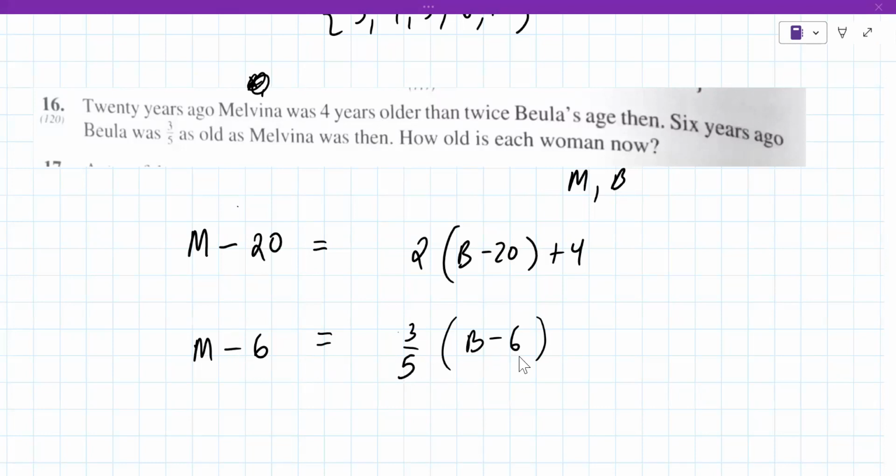Beulah was 3/5 as old. I'm sorry, I'm running into a little problem here. No worries. 20 years ago was 4 years older than twice Beulah's age then. 6 years ago, Beulah was 3/5 as old as Malvina was then. I feel like I typed this wrong. I did get a reasonable answer, but I don't like it.